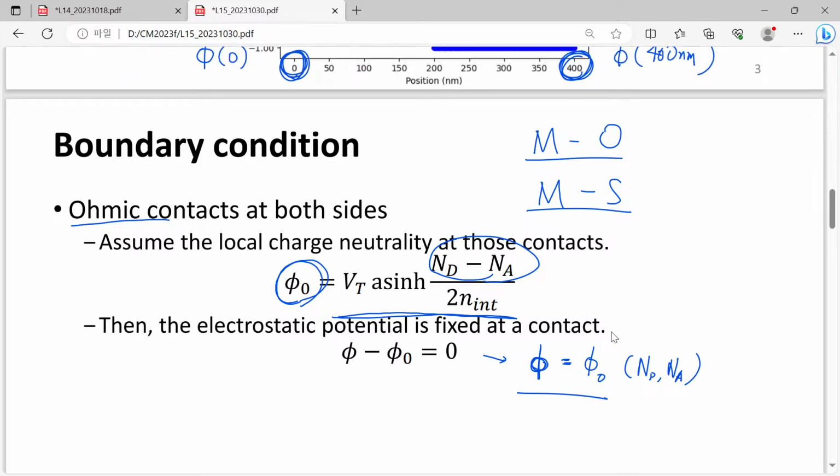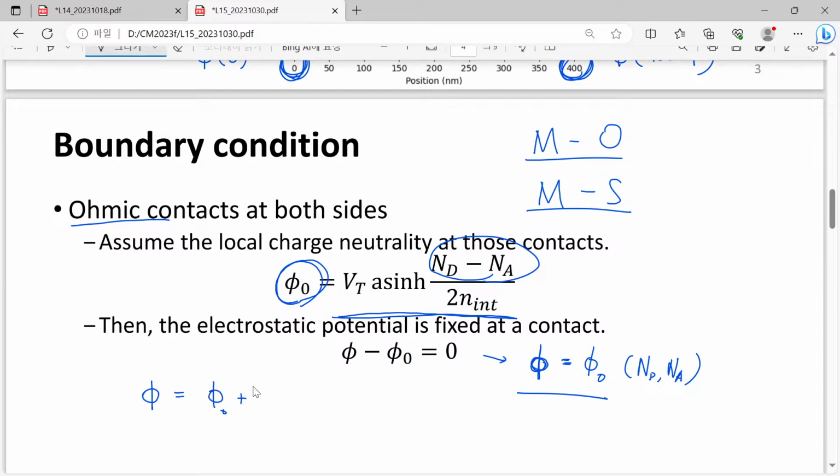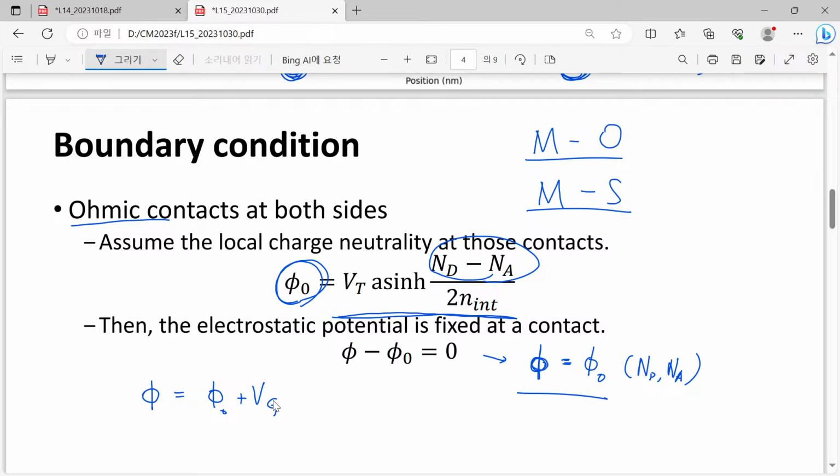Maybe you feel something weird when we consider the previous boundary condition. Our previous boundary condition was like this. We had the values of the applied bias voltage. But now I'm just saying that phi equal to phi null. Why am I doing this?